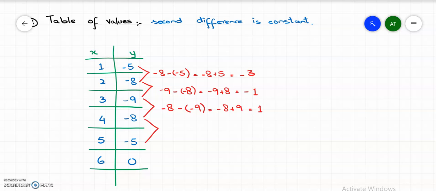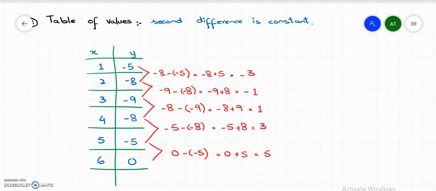The difference between -9 and -8 is -8 subtract -9, which is -8 plus 9, equals 1. The difference between -8 and -5 is -5 subtract -8, which is -5 plus 8, equals 3. The difference between -5 and 0 is 0 subtract -5, which is 0 plus 5, equals 5.